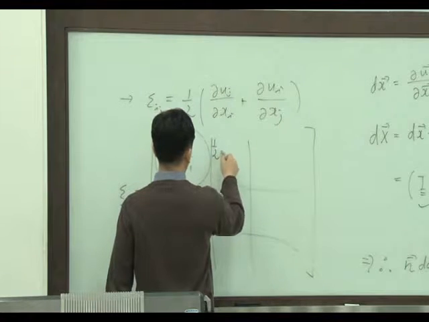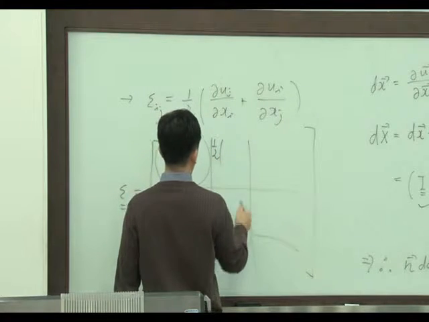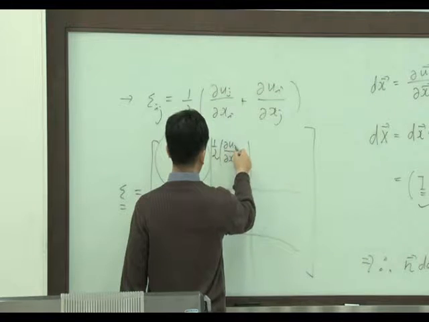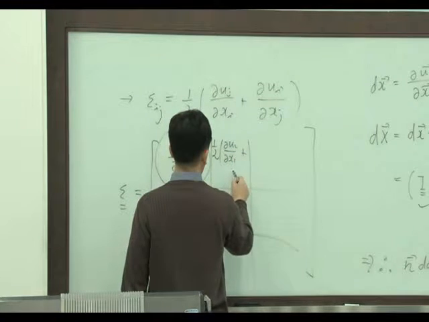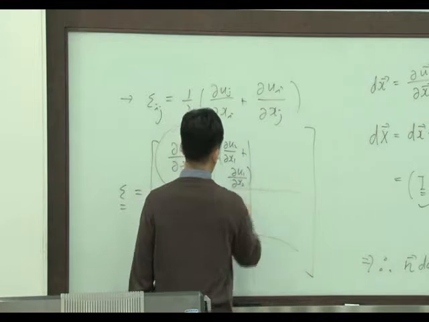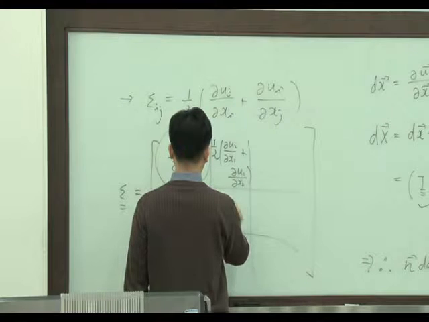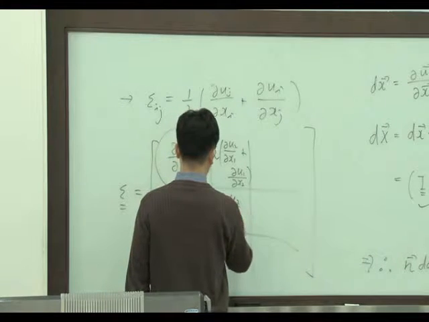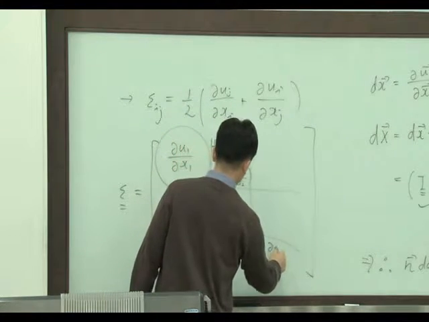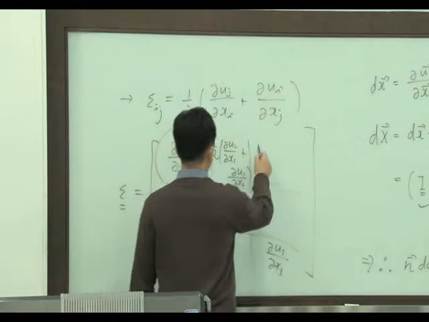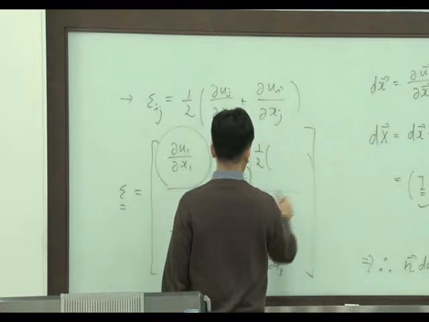So 1/2 times partial u2 over partial x1 plus partial u1 over partial x2. Here partial u2 over partial x2, partial u3 over partial x3. Similarly, you can write down all the terms, right?